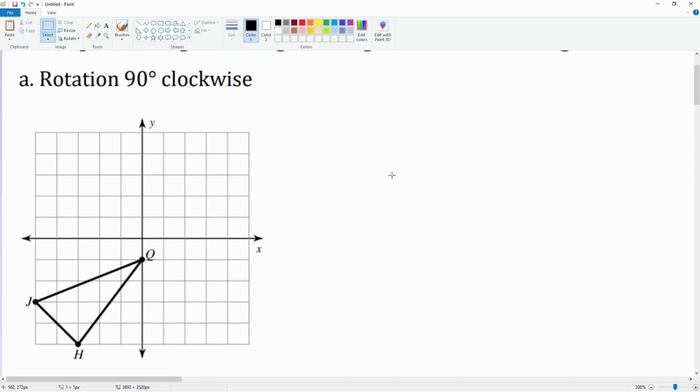All right. So for A, it is a 90 degrees clockwise. From our rule, x comma y becomes y comma negative x. We switch it, and the original x switches sign.